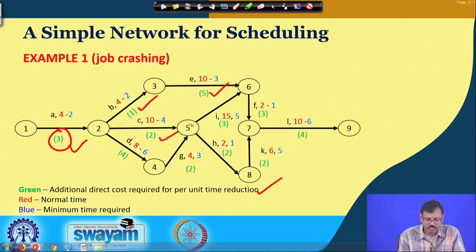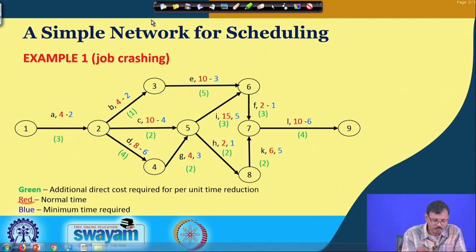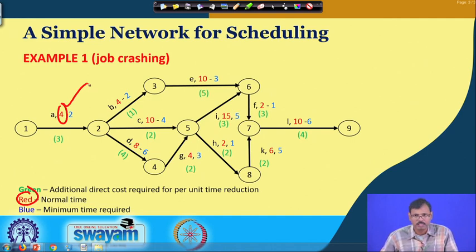These are given particular to the names of the jobs A, B, C, D, E, F, G, H, I, J, K, L, up to that it is given. Red is the normal time.